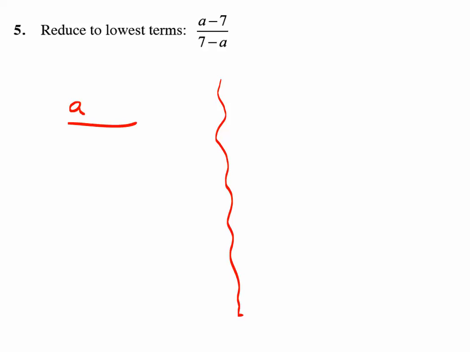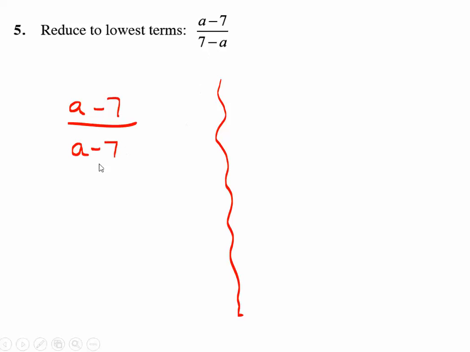Our preference is always to have the variable in front and the number in the back most of the time. So the numerator, I like the fact that it's like that. Denominator, here's my little problem. If I put the a in front and then I put the 7 in the back, notice what happened with the denominator. I had a negative a, now the a has turned into a positive a. I had a positive 7 technically, and that's turned into a negative 7.